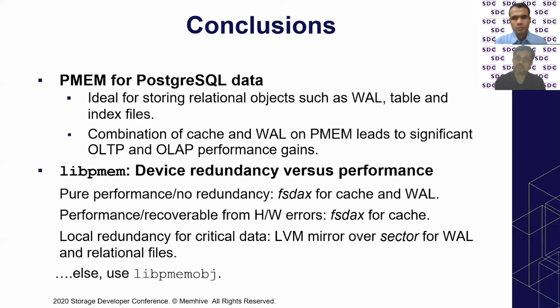In that case, sector mode is able to provide us with a volume utilized for building LVM related redundancy, either mirror or RAID or any such things. Let's say we don't want any kind of redundancy, but we are purely concentrating on performance. In that case, we could place the Postgres data as well as index files on the persistent memory as well, which would give really significant benefits in speed as well as scalability.